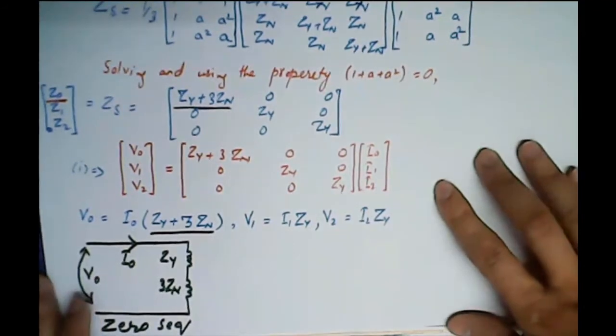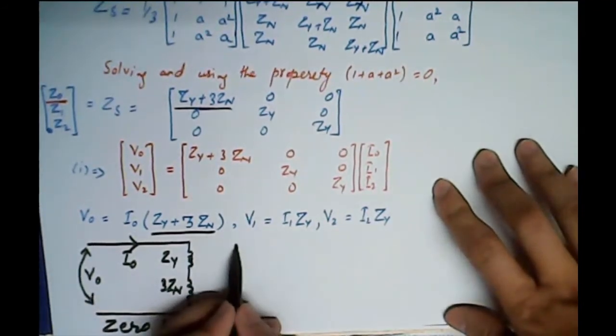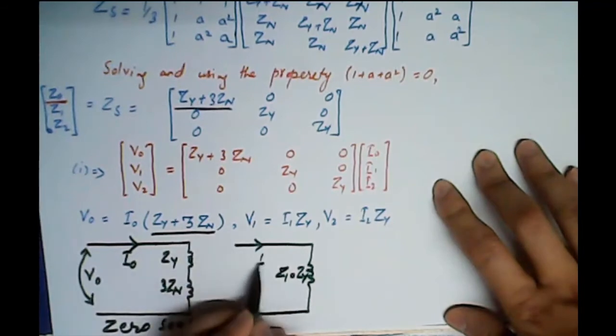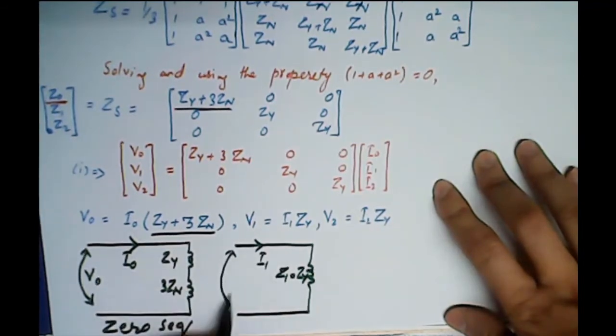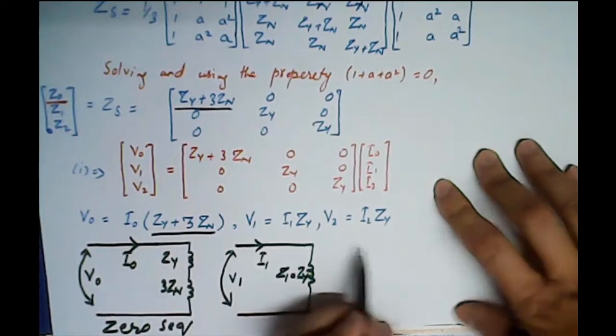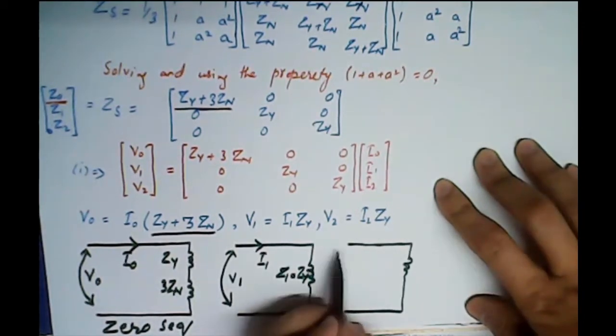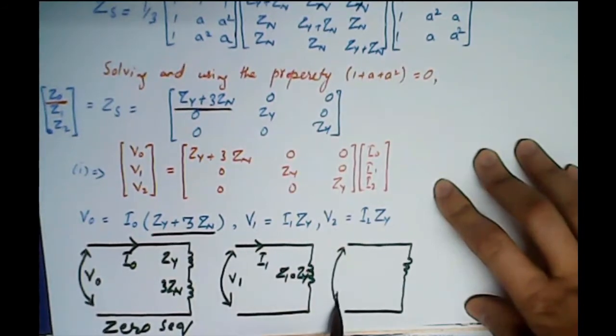Next, positive sequence, just a single impedance, Z1 equals Zy. The current flowing is I1 and the voltage across it is V1, and the same is the scenario for the negative sequence.